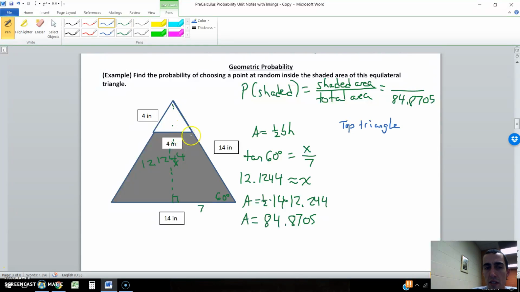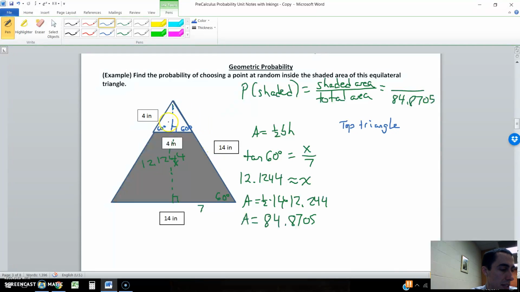I think that the fastest way to find the shaded area is going to be to find the area of this small piece here and then take it away from the total area. Now I'll find the shaded area. So this top triangle is going to have a right angle here, 60-degree angle here, because it too is an equilateral triangle. It's 4 inches here, 4 inches here, and so forth.